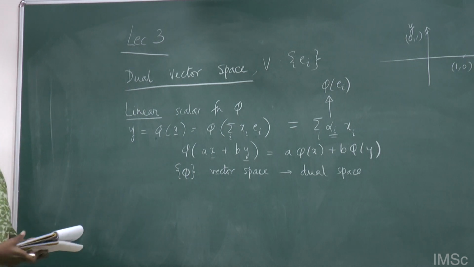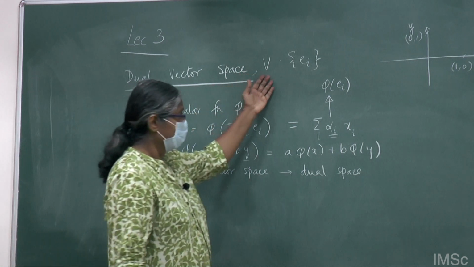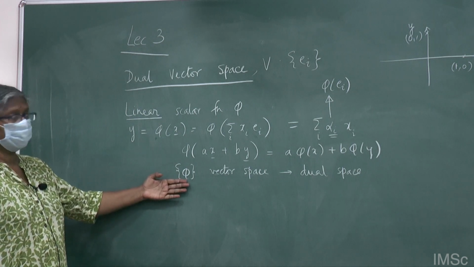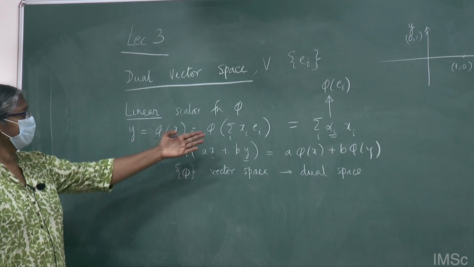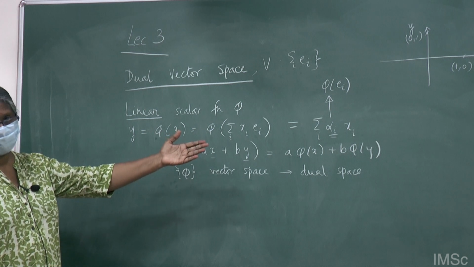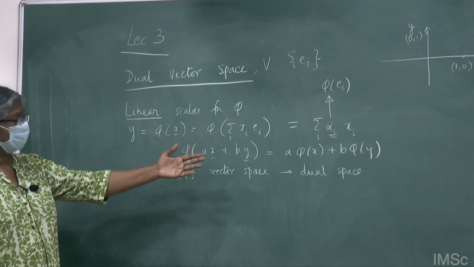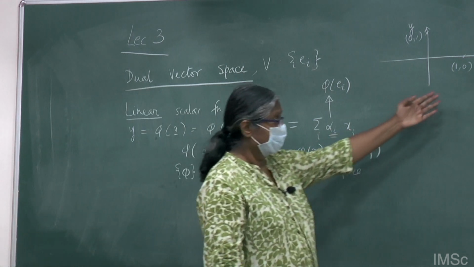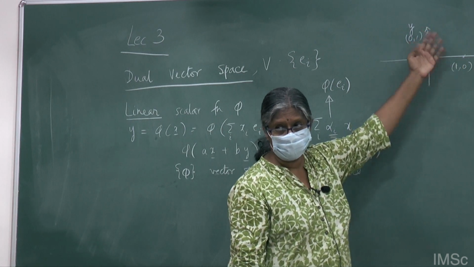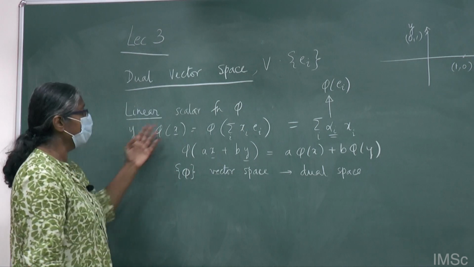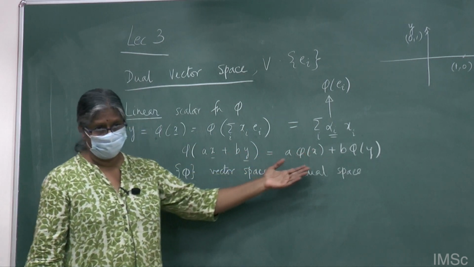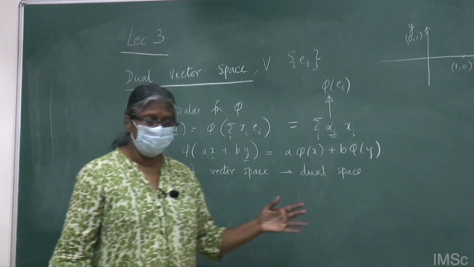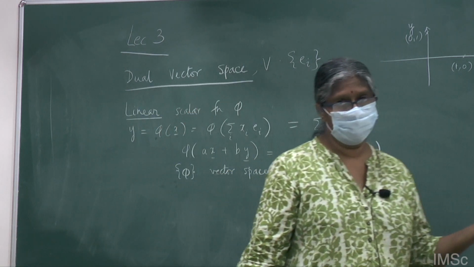So I have the original vector space spanned by the ei, and this dual vector space phi has exactly the same dimensionality as the original vector space, but it is not the same as that vector space. Here you have vectors E1 and E2 in the vector space, and this is a mapping into some complex number, right? So this is simply a number, but this is still a vector space.